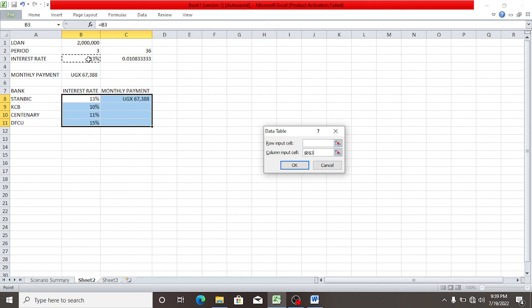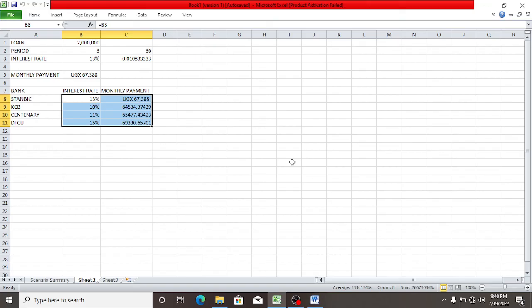That is the one which is changing. So if your interest rates are in rows, then your changing cell, the 13%, will be in the row input cell. Hope I'm clear. Okay, then after that let me just hit OK. So wow, things have worked.